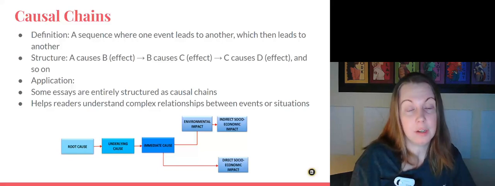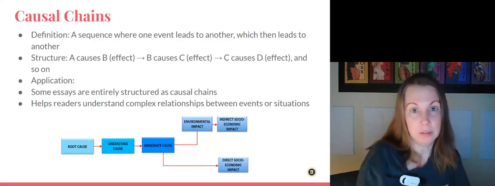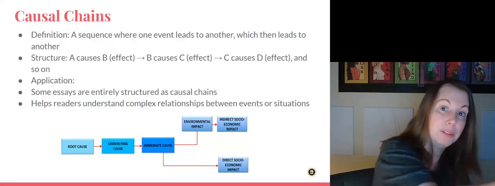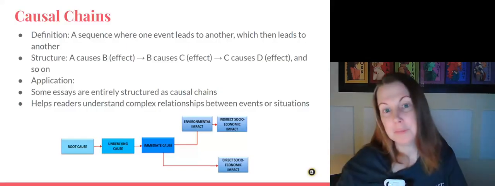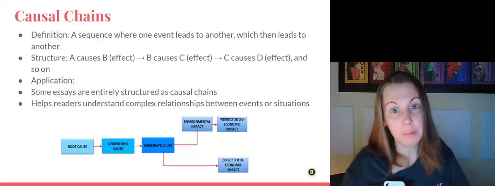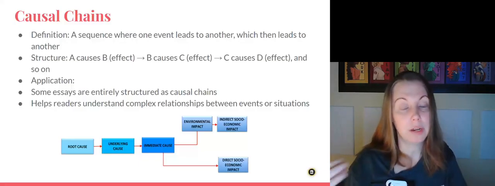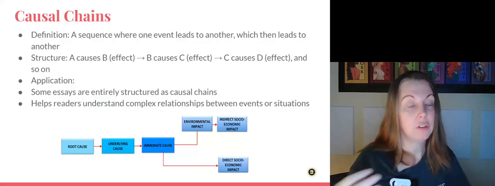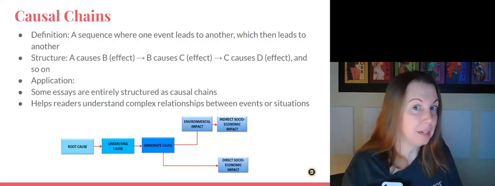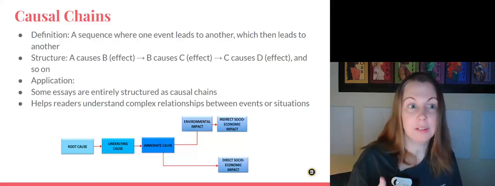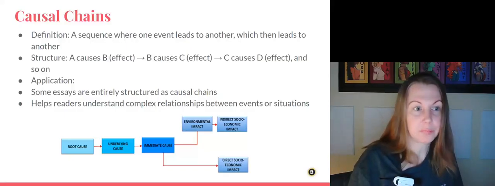And there is even another cause, which is people's demands for the items that factories need to produce, which also produces pollution. So the effects would be the environmental impacts of these causes, the socioeconomic impacts, and also direct social impacts. Again, this is a more complicated essay, so you'll probably see this more as you go through your English classes. But it's good to know what they are.